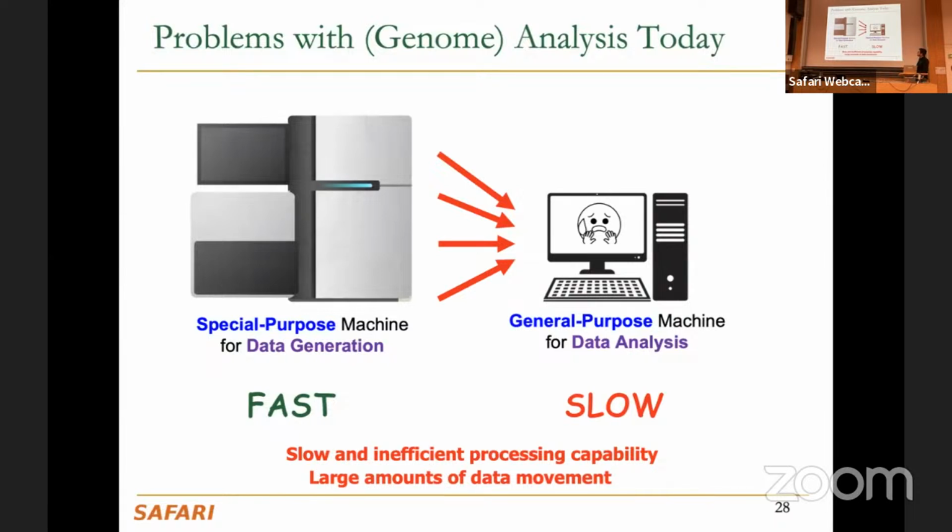So this machine, as you can see, is pretty scared because it is slow, and it is scared because it doesn't know how to analyze this data in the best way, right? That's why the data generation speed and the analysis needs do not necessarily always match with the hardware that we're using underneath.